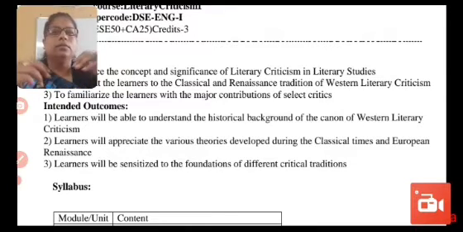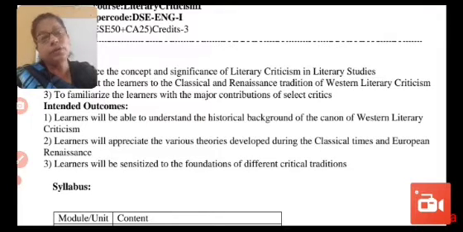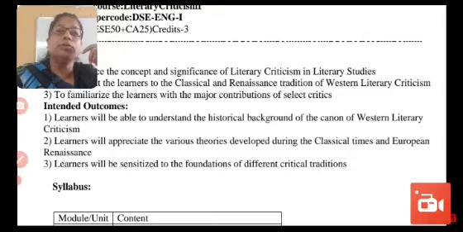Canon, the collection, the whole of the thoughts of the critics belonging to the Western tradition. So here is an opportunity for all of us to understand the historical background in which those critics developed, and they expressed their views and they laid down their rules for the study of literature, which is known as literary criticism.